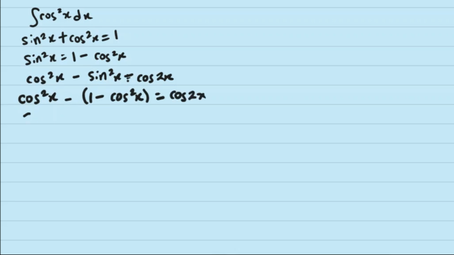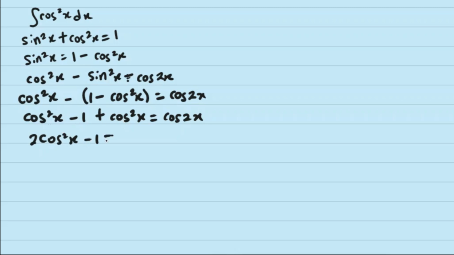So we have cos square x minus 1 plus cos square x is equal to cos 2x. If we collect like terms, we are going to have 2 cos square x minus 1 is equal to cos 2x. So what it means is that 2 cos square x will give us 1 plus cos 2x.